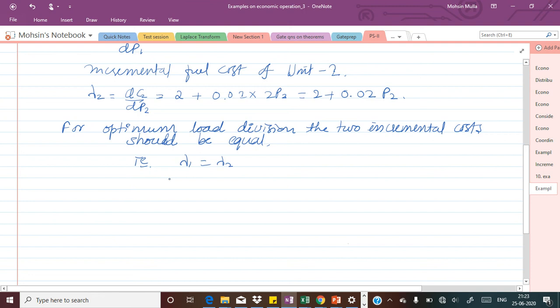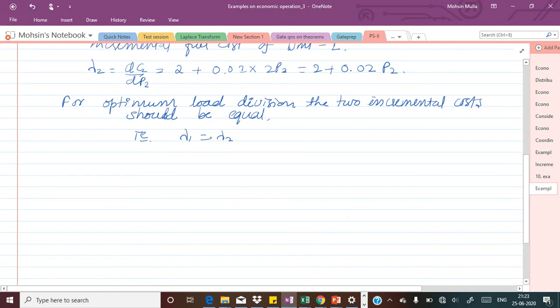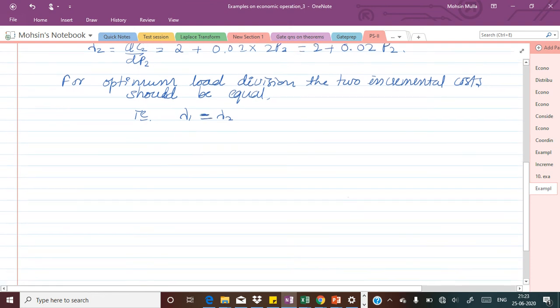It means that we get the optimum load values of the plants by equating the incremental costs, so when the incremental fuel costs are equal for both plants, we get the optimum load value.